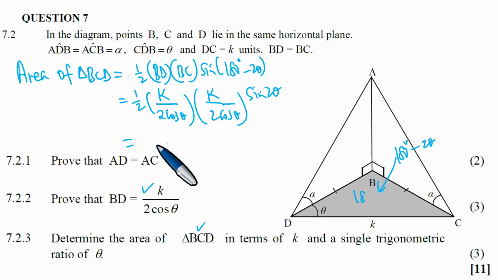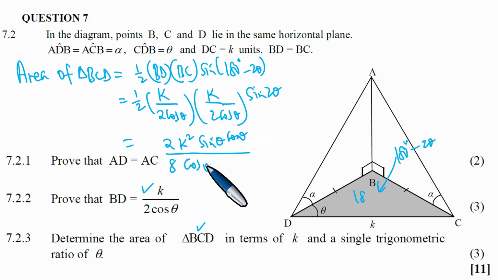So that in the end, then you have 2K squared sine theta cosine theta divided by 2 times 2 times 2, 2 times 2 is 4 times 2, which is 8, cosine theta cosine theta.